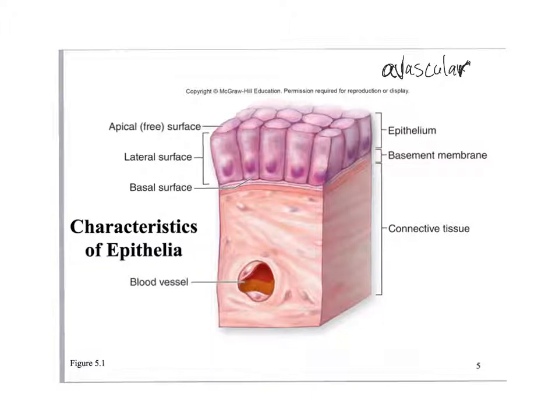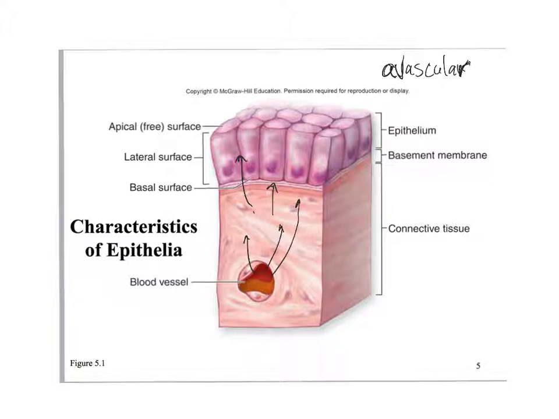The blood carries it all around. How does it get there? Diffusion. It diffuses from the blood across the connective tissue eventually to the epithelial cells. So understand that the epithelial tissue needs to be supported by something, some other tissue.